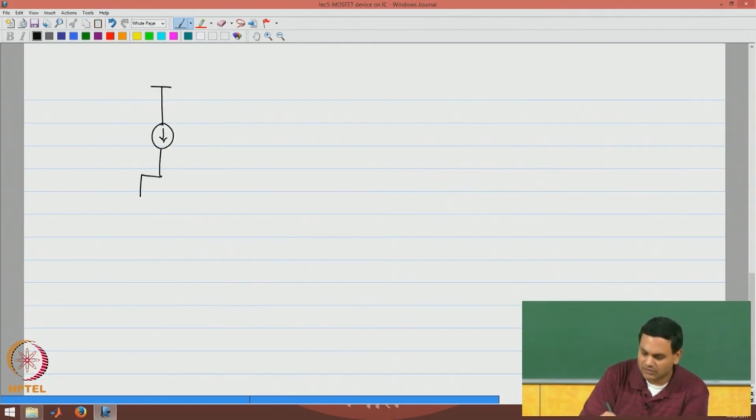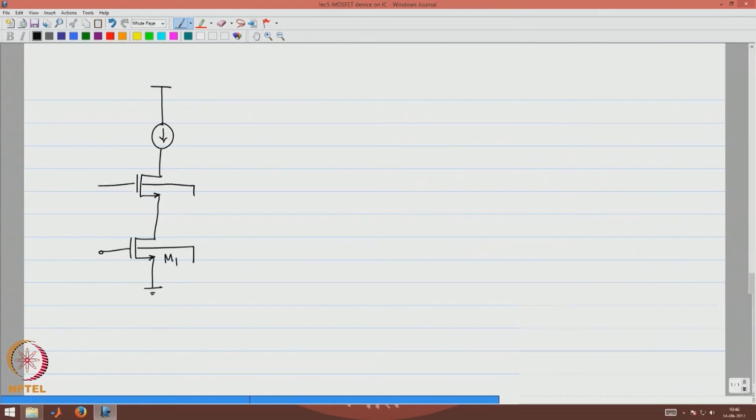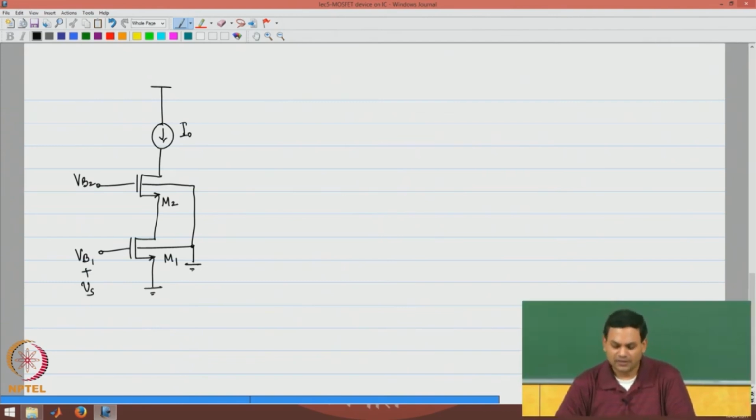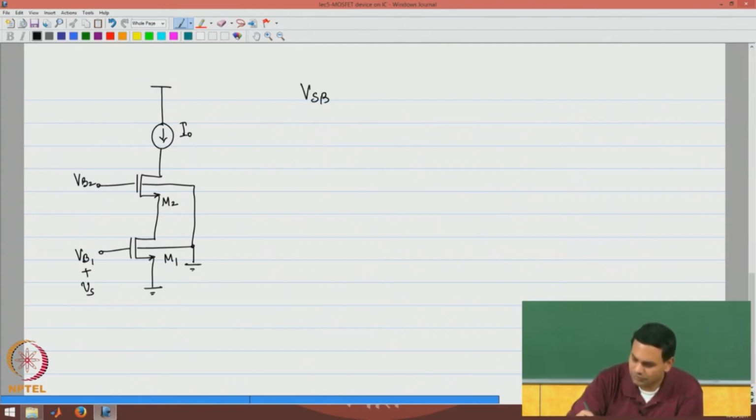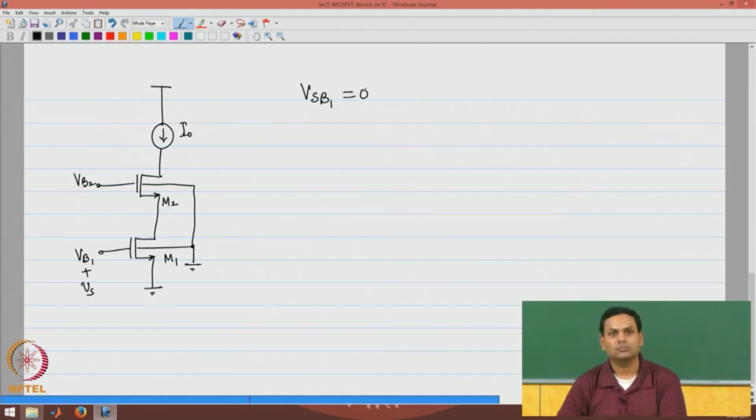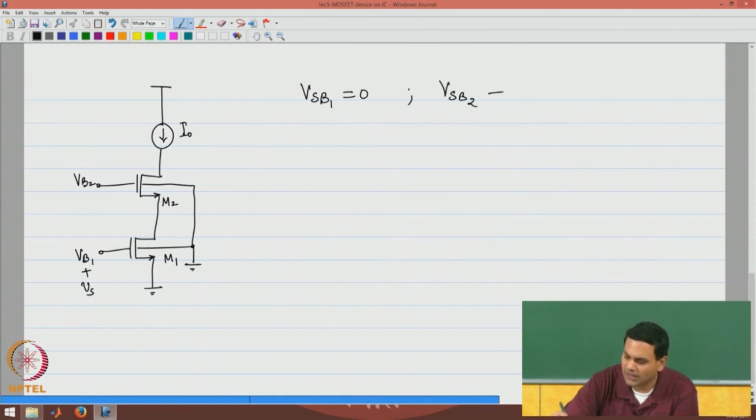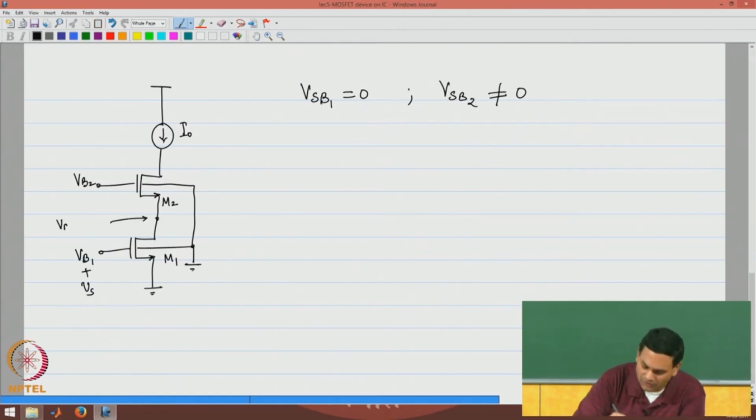we look at the circuit which you folks would have seen before, which is the cascode amplifier. Please note that the source bulk voltage for M1 is 0, but the source bulk voltage for M2 is not 0, it is larger because the source of the transistor will have a voltage of VB2 minus VGS2.